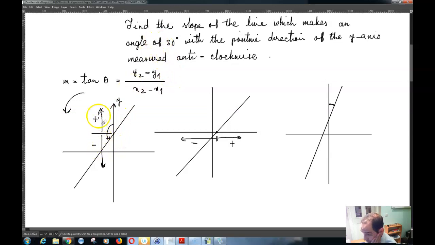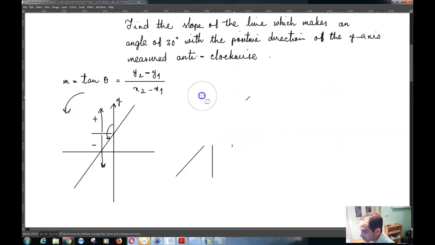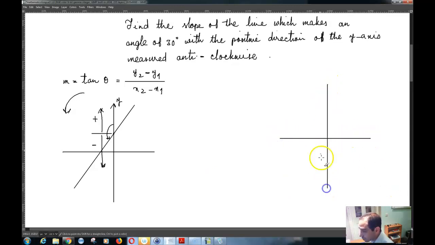So I have to make this much smaller, meaning that eventually your angle would look something like this. You would have some angle like this, and this would be your angle over here, and that would be 30 degrees.